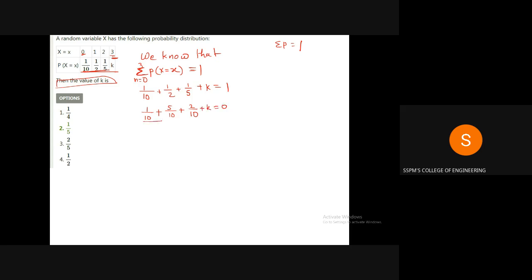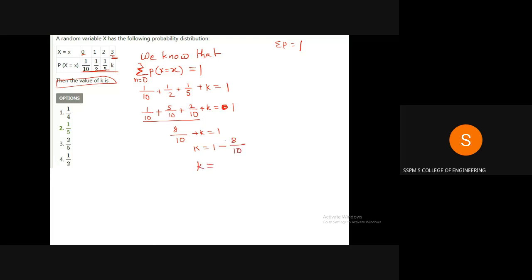Now the denominators are all the same, so we will directly add the numerators. 1 plus 5 plus 2 is 8, so it is 8 by 10. So 8 by 10 plus k is equal to 1. Therefore, k is equal to 1 minus 8 by 10.